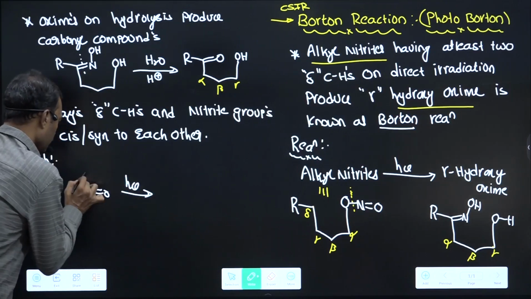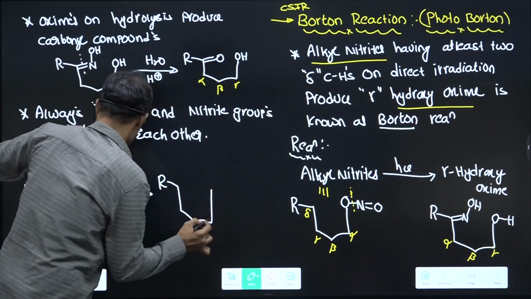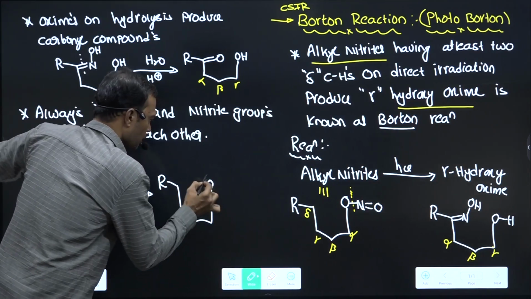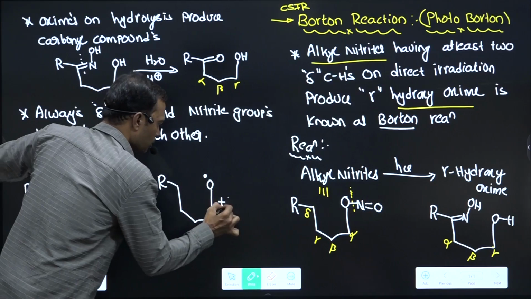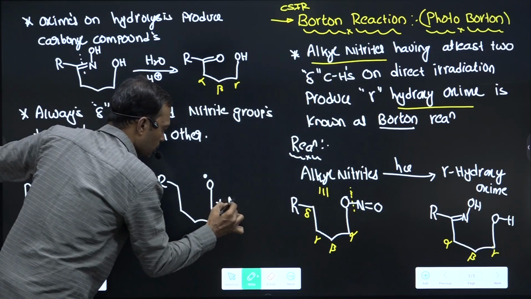So photochemical, break this. After breaking this, here we will get a radical. And what is removed? NO plus. Nitrosyl is going to be removed.